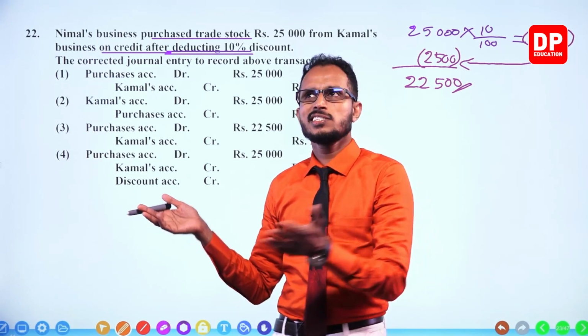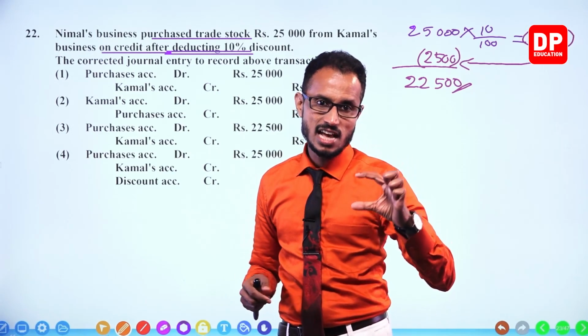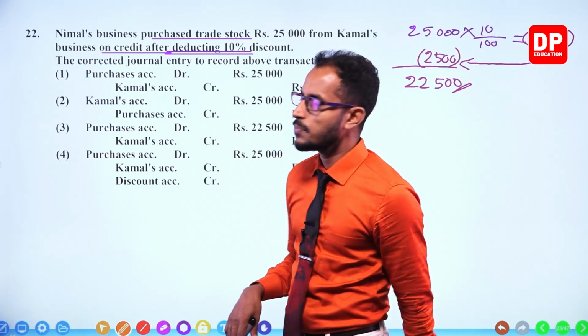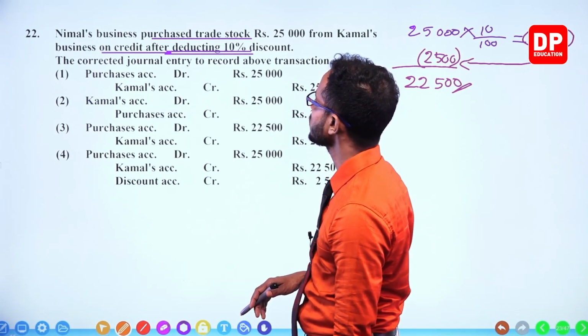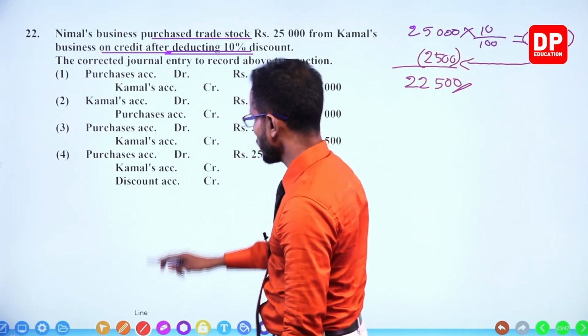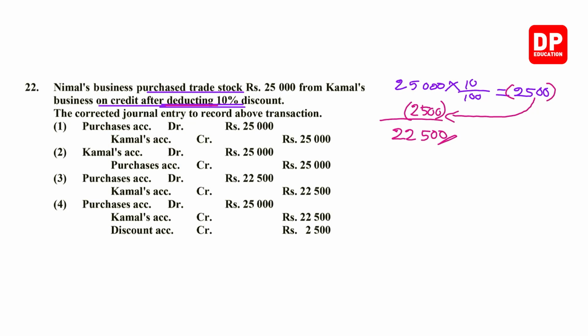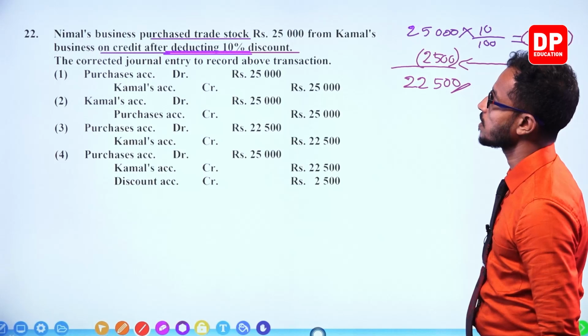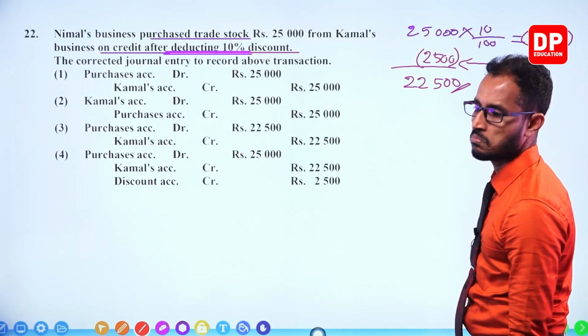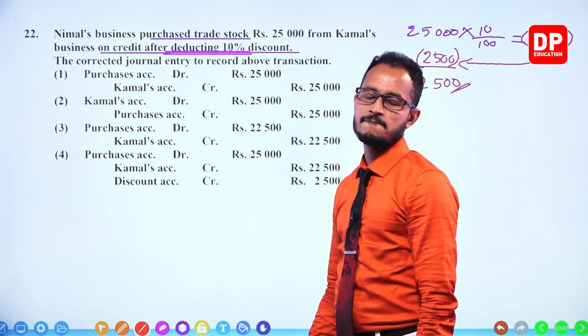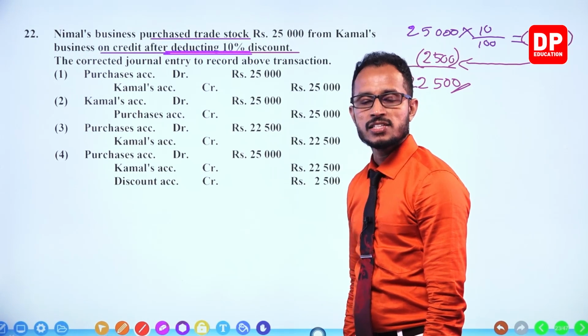If you don't know whether this is a trade discount or a cash discount, you're going to mess up. What is it? I'm talking about this discount, this deducting 10% discount. Yeah, that is a trade discount.